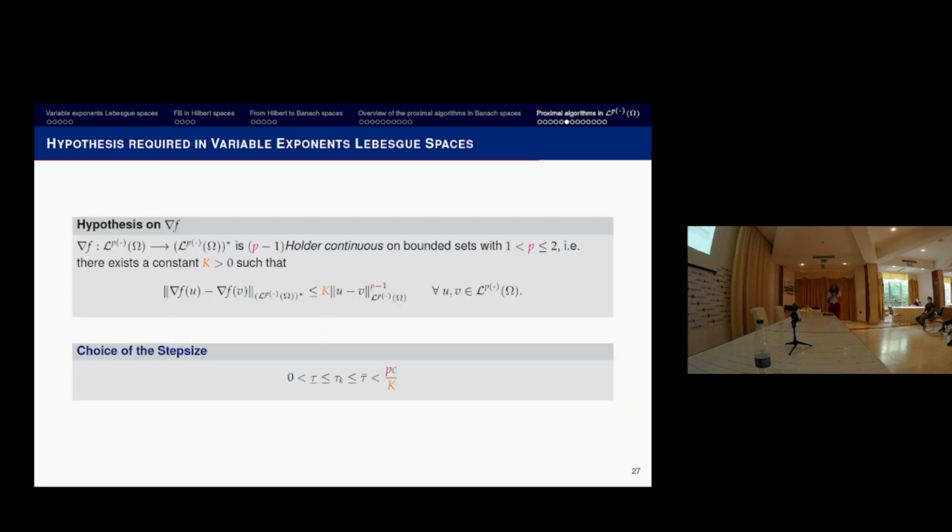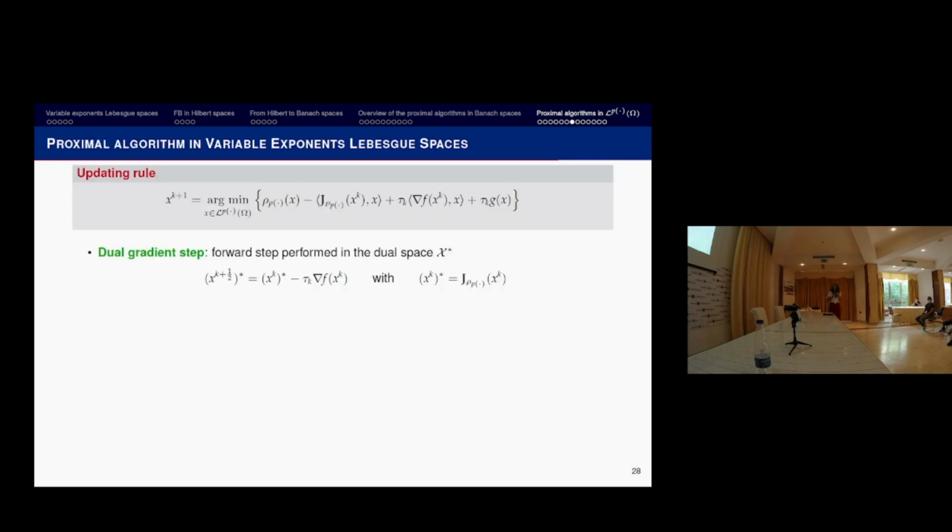Again, we have to make a hypothesis on the gradient that is the same as the one before, and the choice of the step size, again, is the same. And here we have the updating rule in a variable exponent Lebesgue spaces scenario, and instead of having the norm of x, we have the modular of x, and instead of having the duality maps of xk, we have the gradient of the modular evaluated at xk.